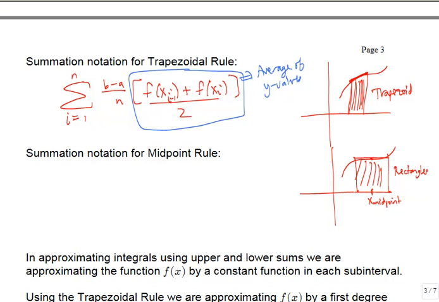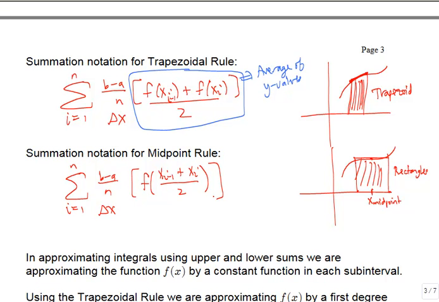Okay, so the summation notation for the midpoint rule would look like this. It would be your b minus a over n for your width, that's your delta x, times f of (x sub i minus 1 plus x sub i) all over 2, and all of that gets plugged into your function f.